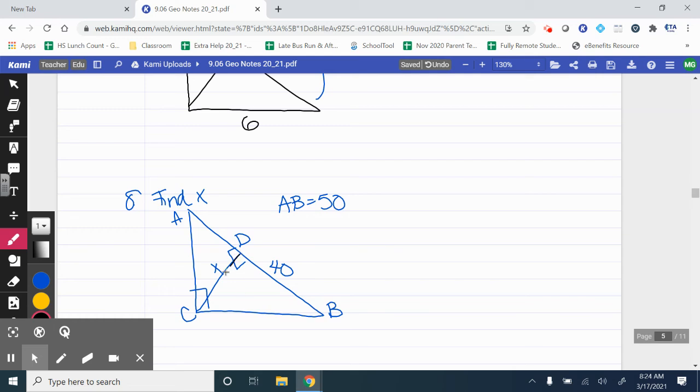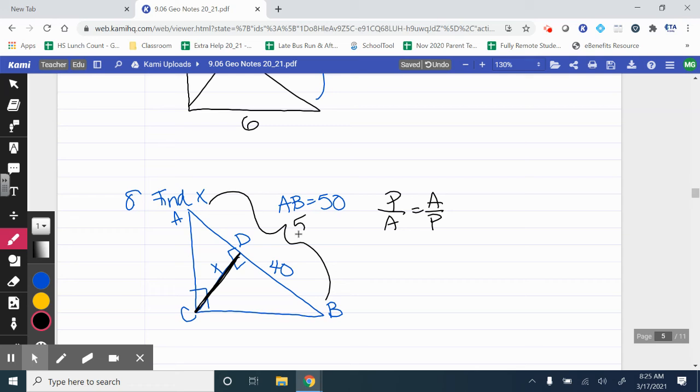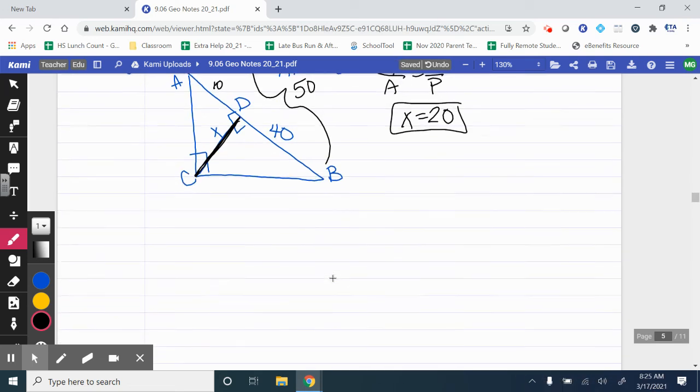All right, so here you were looking for the altitude, so you should be using your path rule. We knew AB was 50, so now you can subtract 40 from 50 to find your 10 here, and then set up that proportion. That one should have given you x equals 20, and I should see the proportion on your paper.